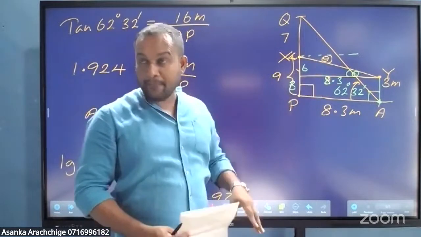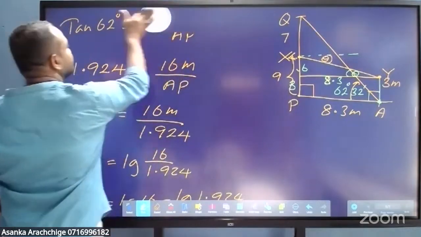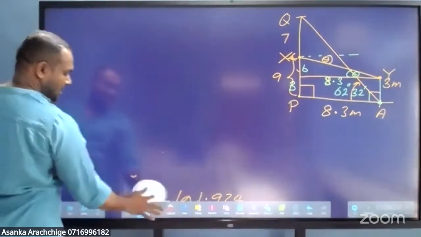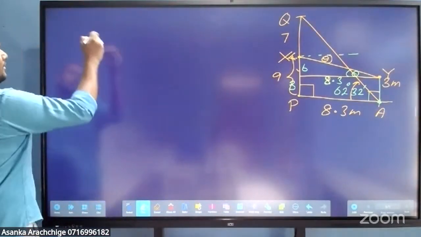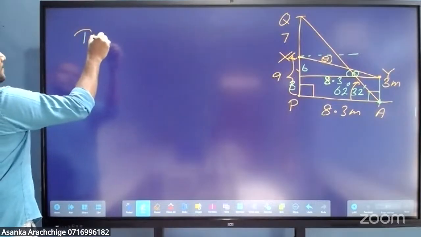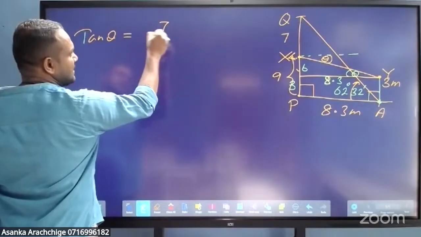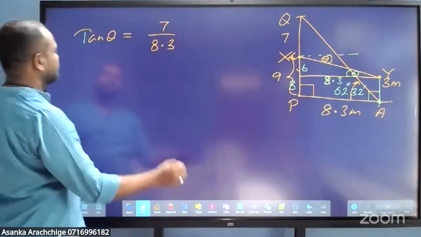Again, we have to apply tan. Tan theta equals opposite 7 upon 8.3.